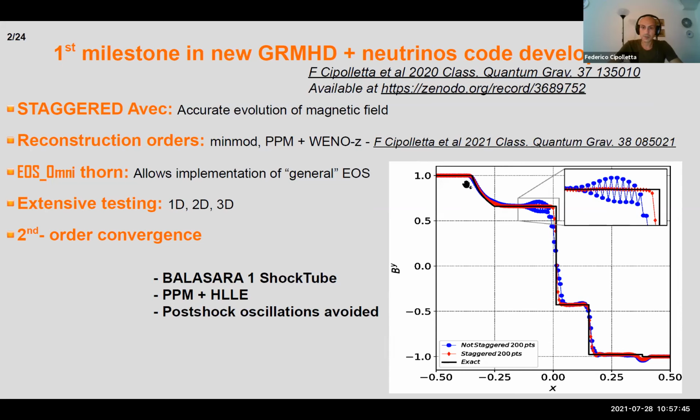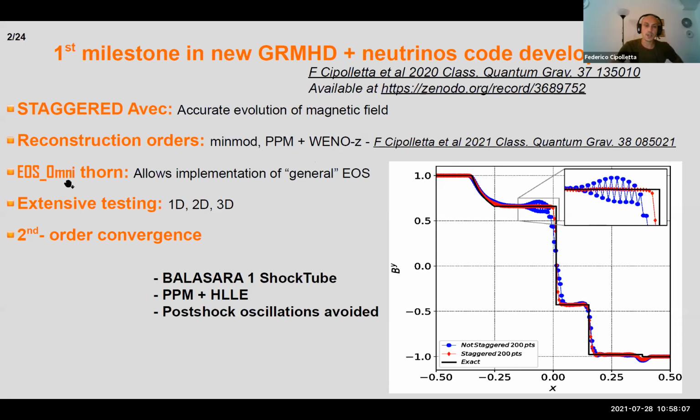In Spritz, in the first version, we also implemented several reconstruction orders. We have the second order minmod, third order PPM, and in our recent paper, we also implemented the WENOZ fifth order method, with the work by Beatrice Giudici.